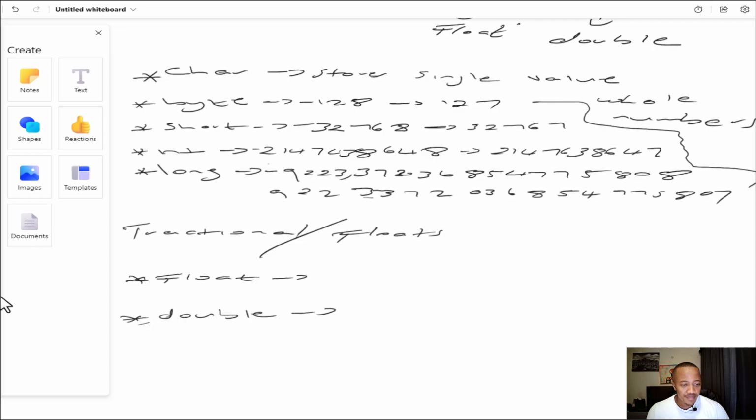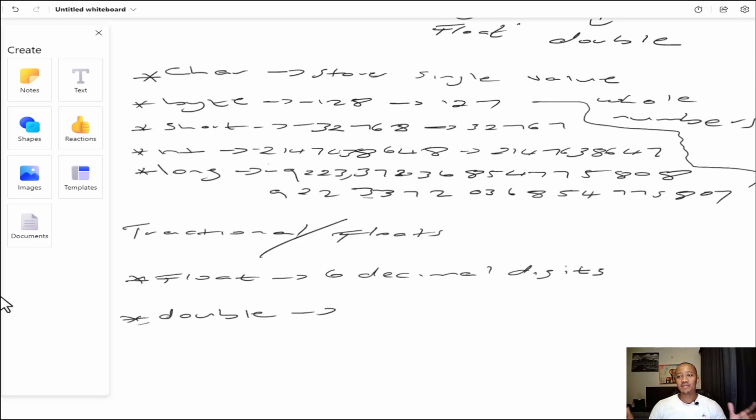This one can store up to 6 decimal digits, which is after the full stop. The numbers that follow after that should only be 6 digits.